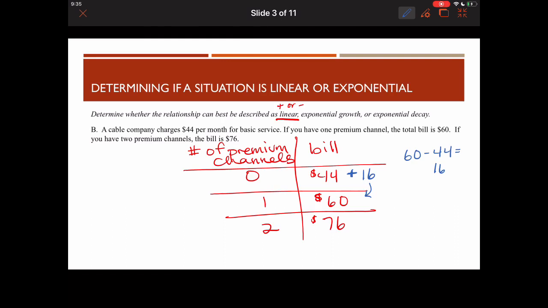Let's see if that same pattern holds. What is 76 minus 60? It's also 16, right? So I can take 60, add 16 again, and get 76. So because each time I'm adding 16, that tells me that this situation is linear.